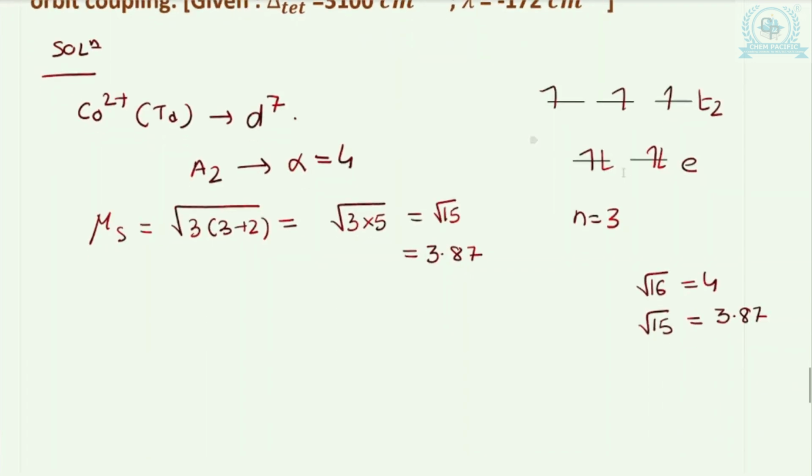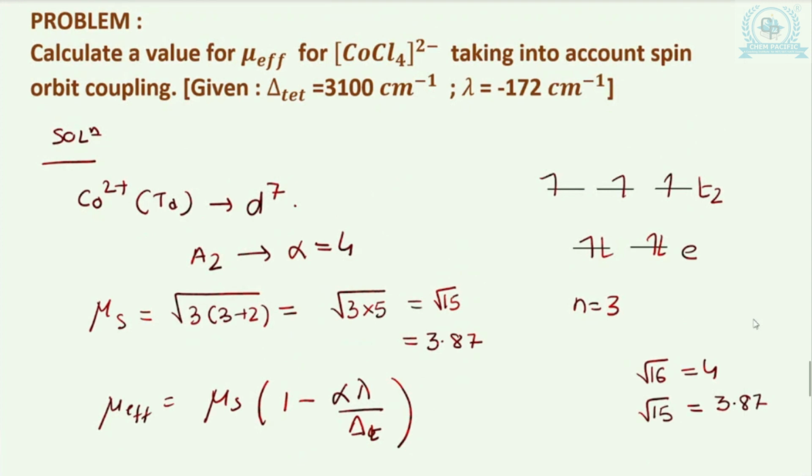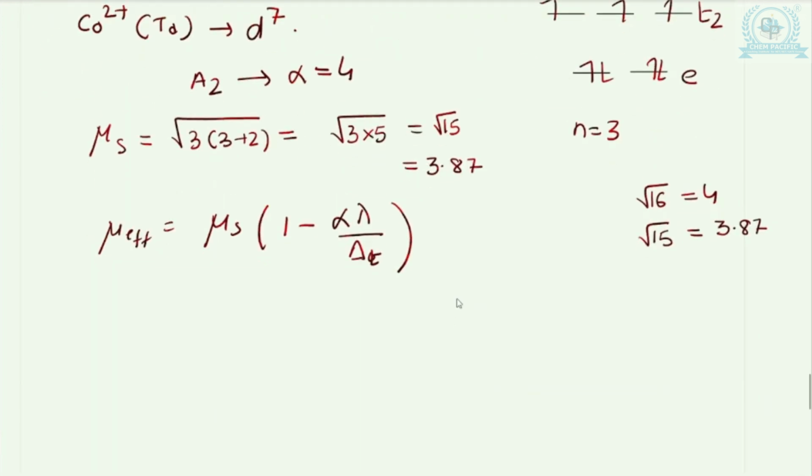Now you have got everything. You have to find out the mu effective value as per the formula, which is equal to mu s into 1 minus alpha into spin orbit coupling divided by delta. Here it will be delta t, and they have given the value of delta tetrahedral. See, this is also important, both are given in centimeter inverse, so focus a little on the units too. So we have got the value of mu s as 3.87.